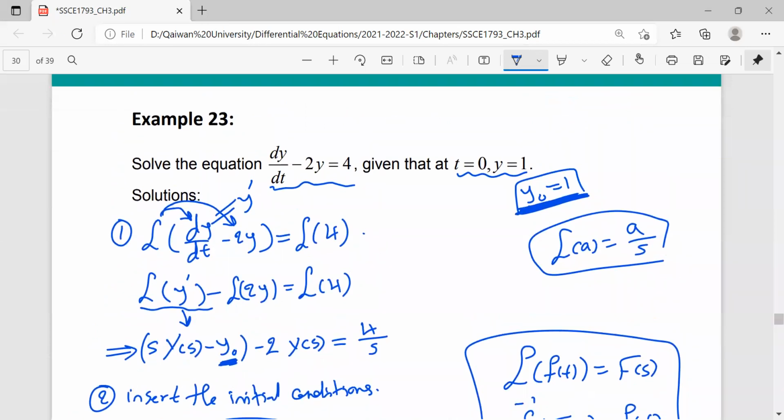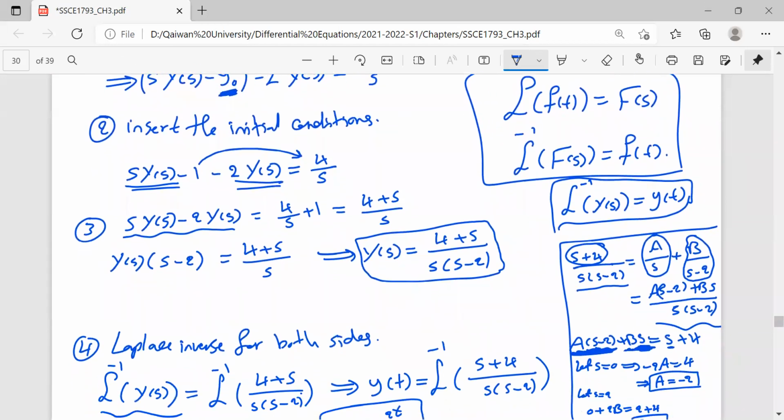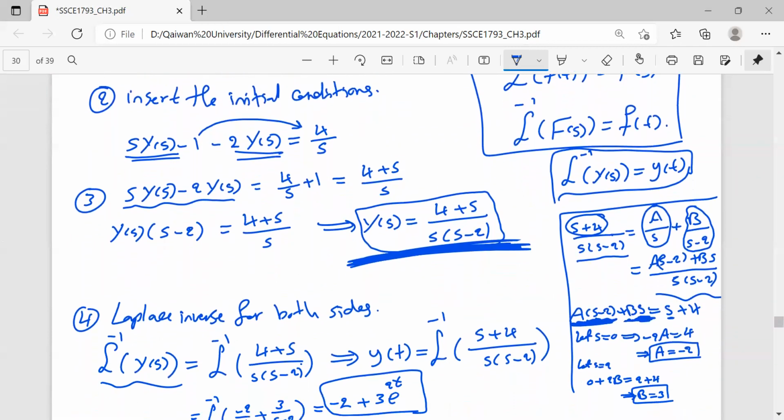Here, if you are given a differential equation and want to solve it by using Laplace transforms, we first take the Laplace transform for each term. After taking the Laplace transform, we insert the initial conditions. After that, we write down the equation for y of s. As you see, this is step 3. Then we take the Laplace inverse for both sides.